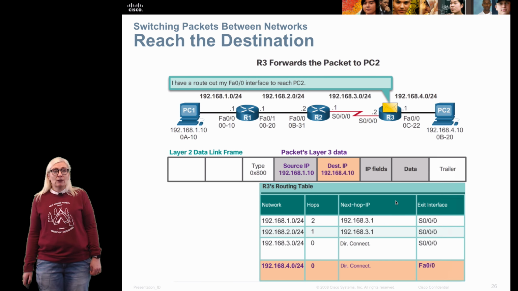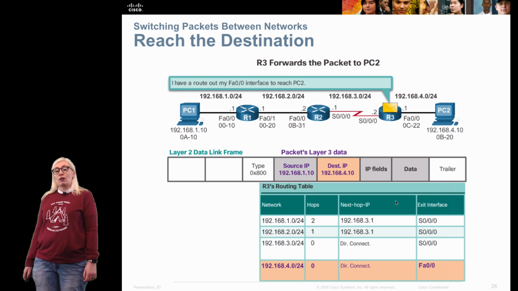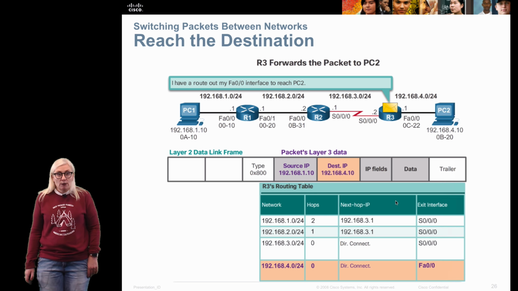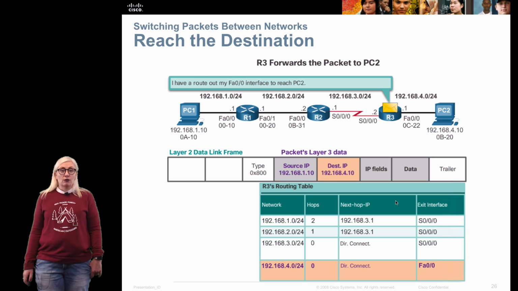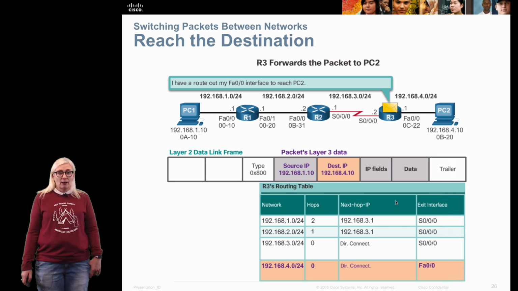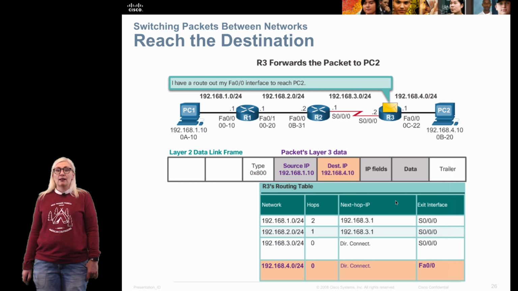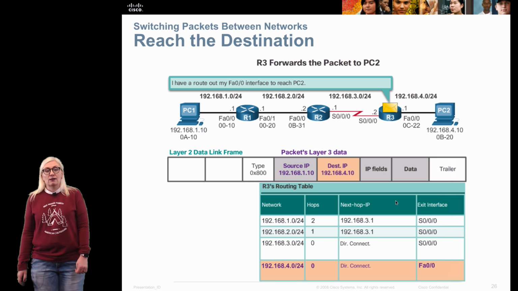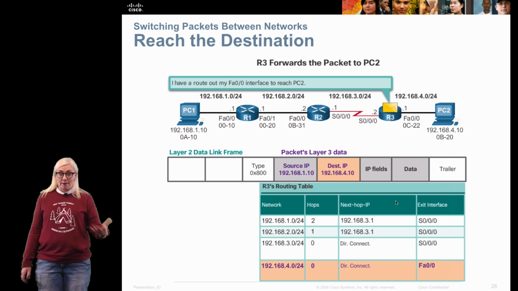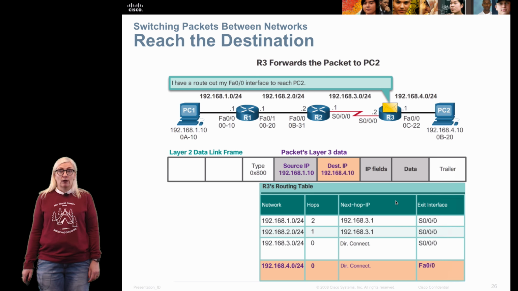And then router 3 will do the same thing. Receive the packet, look up into layer 3, look at the destination IP, find out what to do with it, and then send it on to, in this case, FastEthernet 0/0, because this is a directly connected network.